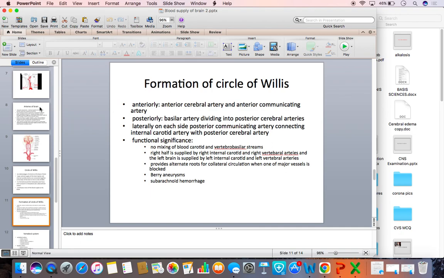Sometimes you find berry aneurysms in the vessels of the circle of Willis, and rupture of the berry aneurysms results in subarachnoid hemorrhage. These are a few points related to the clinical significance of the circle of Willis.